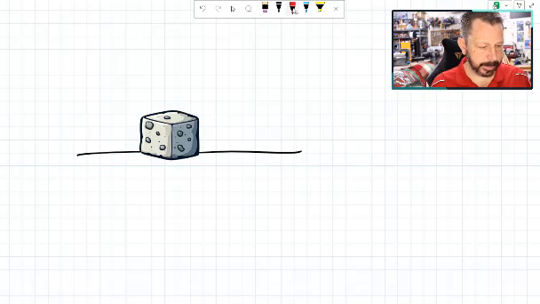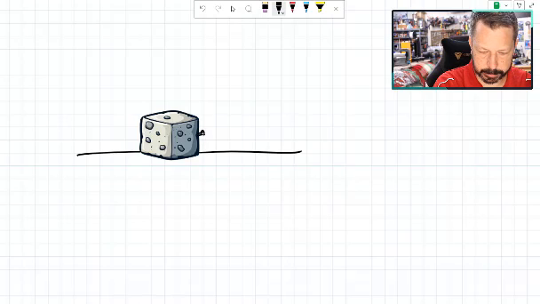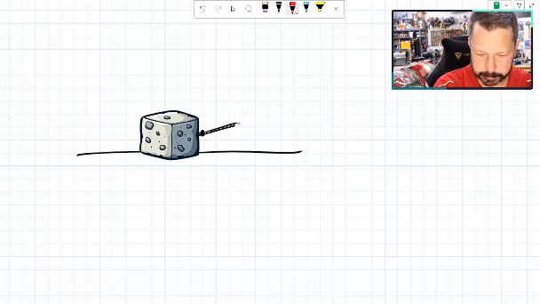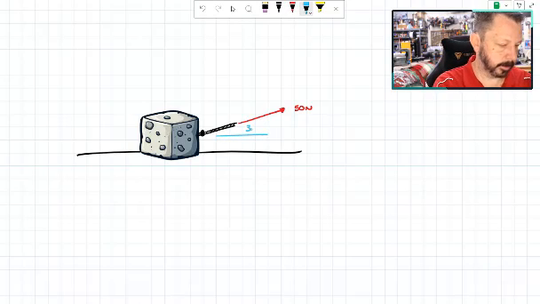So I've got one guy that's got a rope attached to this thing. Maybe he's got a little eye bolt in it over here, and he's got a rope, and he's pulling, let's see, I said 50 newtons, and that angle that he's pulling at from horizontal is, I think I said 30, yes, 30 degrees.